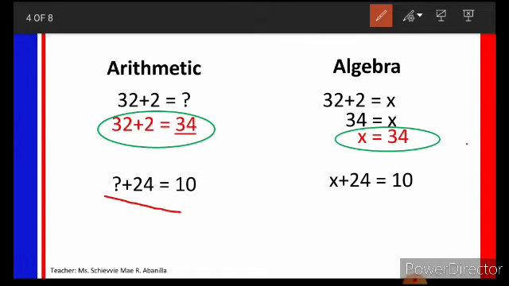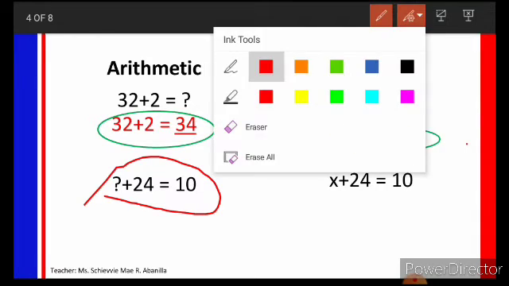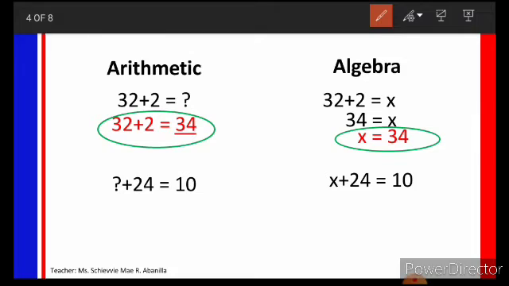Okay, for this one, normally you have to think of a number that when added to 24 is equal to 10. And in our arithmetic math, we just have to add a negative number, right? So what is that negative number that we should add to 24 to make it 10?